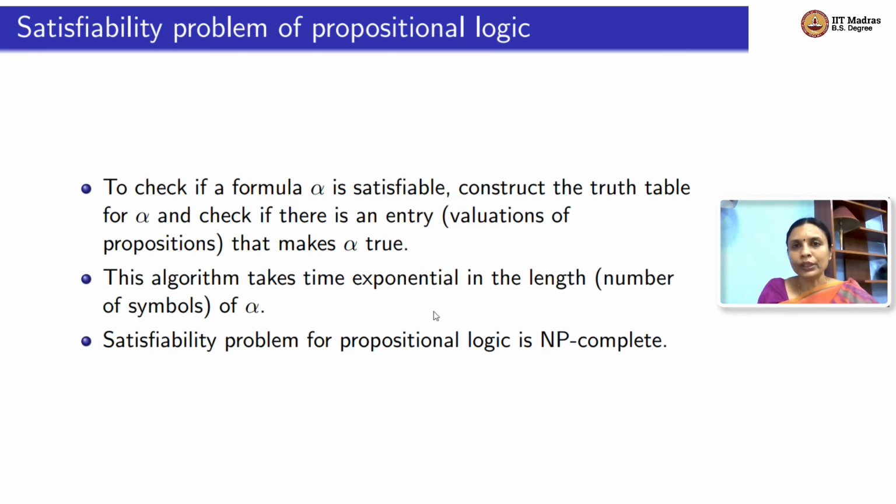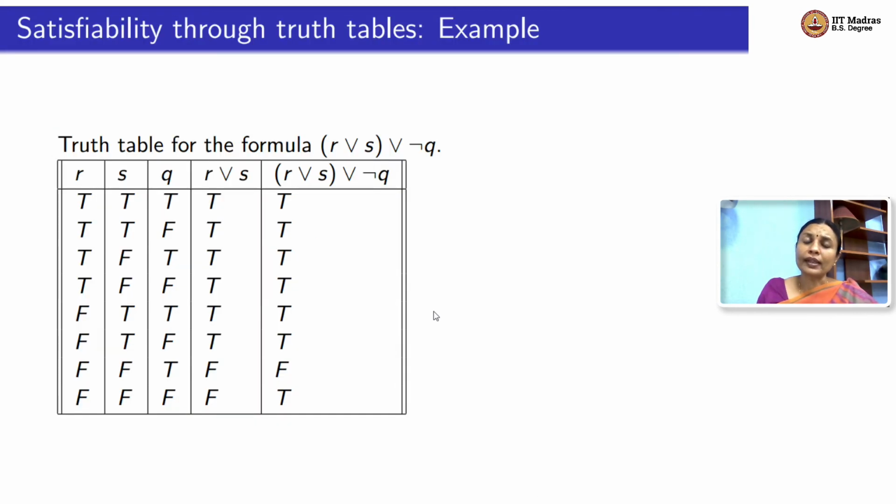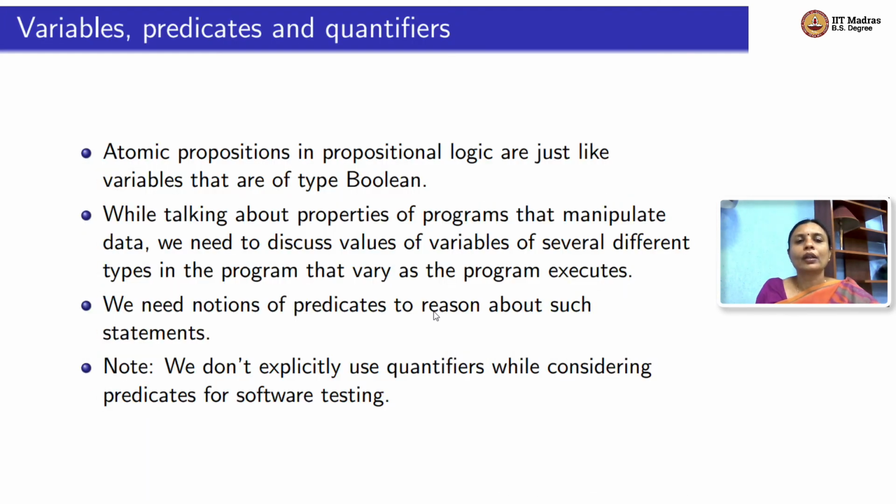It's an NP-complete problem, as we call it in computer science. Don't worry too much if you don't know what NP-complete is. This is not needed for the purpose of this course. Just wanted to tell you that this problem doesn't have an easy algorithm. It just has algorithms that take an exponential amount of time, a long time.